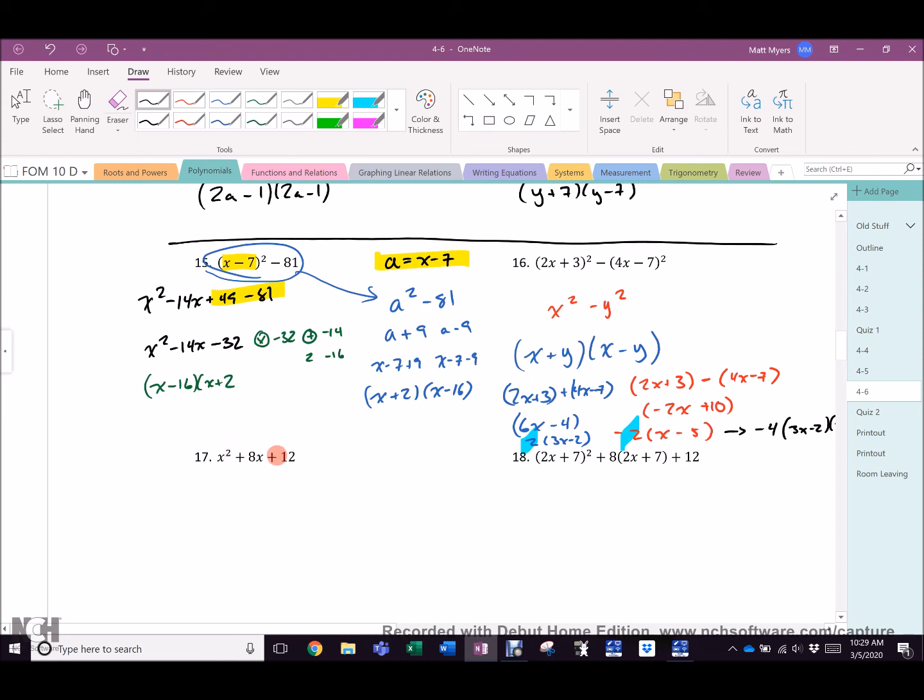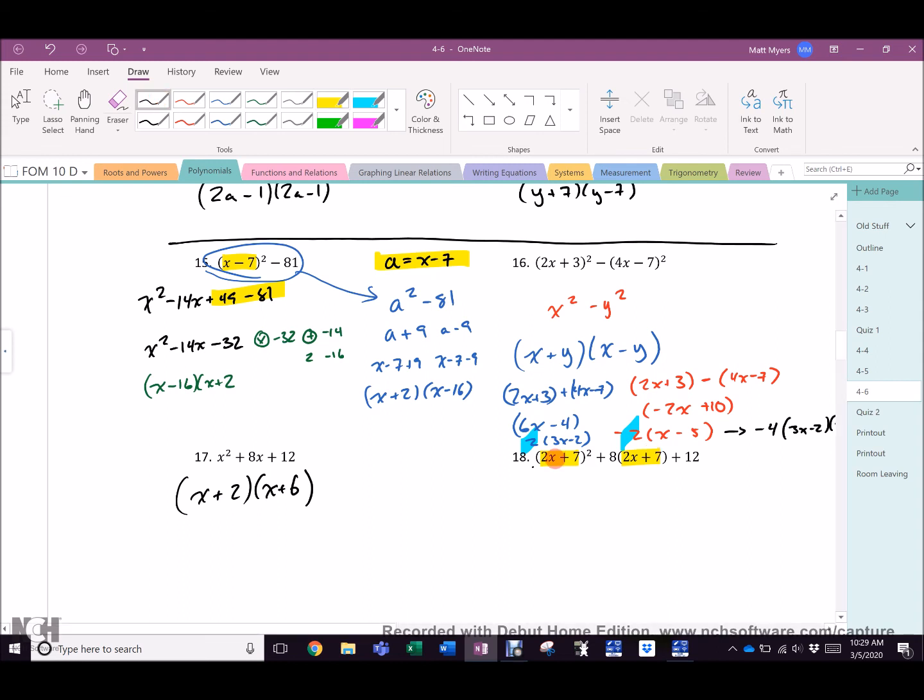This is a nice, easy one. What is it? x plus 2, x plus 6. Now, look at this one. Are we going to do expand or die? I wouldn't, because what do I see right there and there? They're the same thing, aren't they?